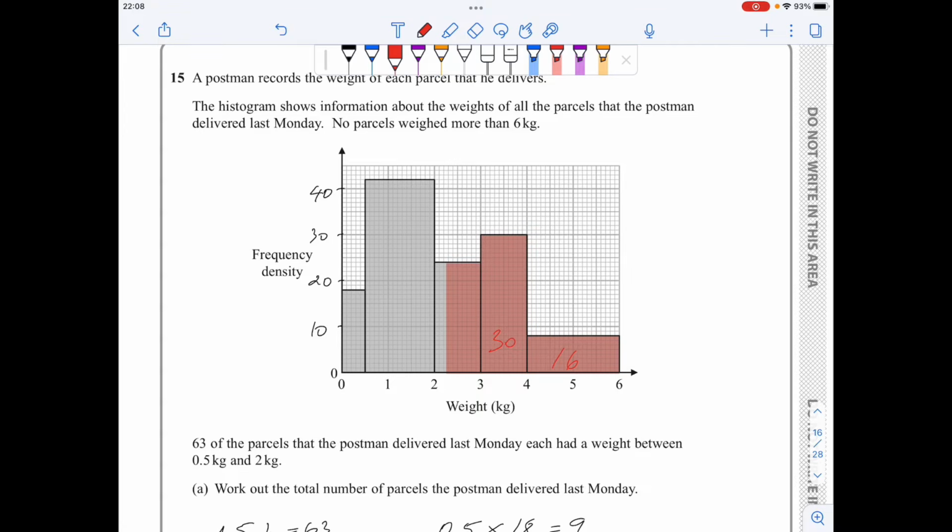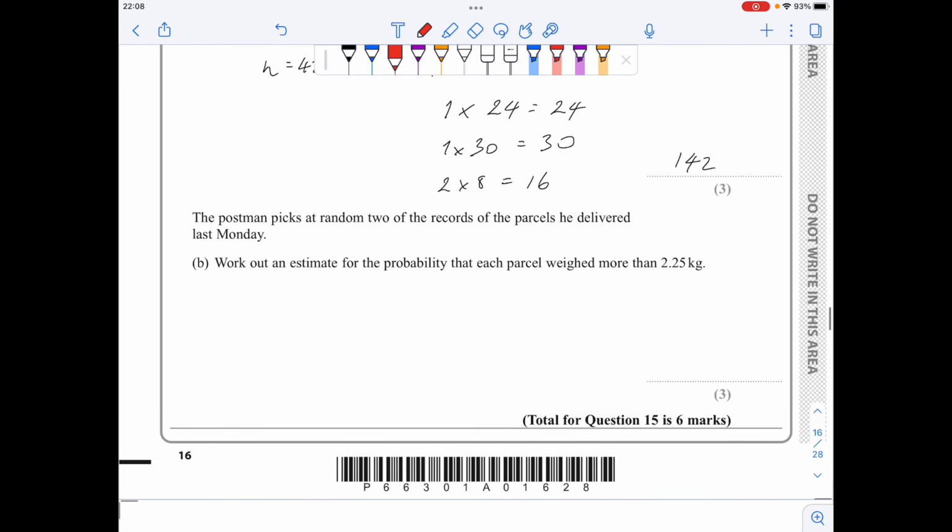We found this in part A. And I need 3/4 of that bar because I need from 2.25 to 3, while the whole bar goes from 2 to 3. So here I'm going to say 3/4 of 24 plus 30 plus 16. This will give me 64 parcels.